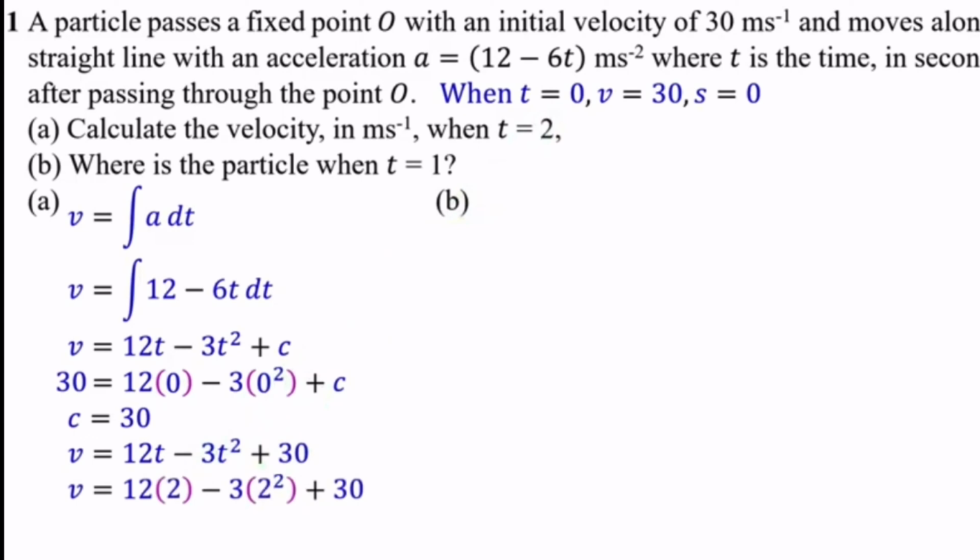So, we are going to substitute t equal to 2 into the velocity to get the velocity when time is 2. So, the answer is 42 meters per second.